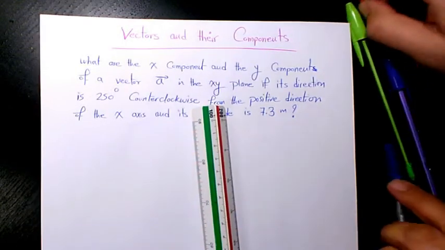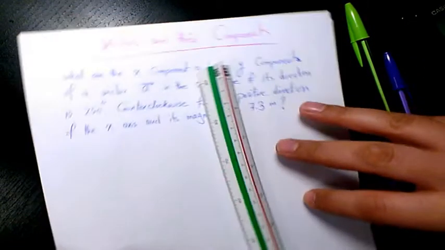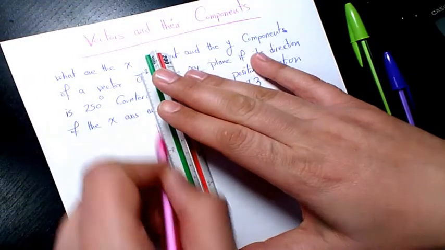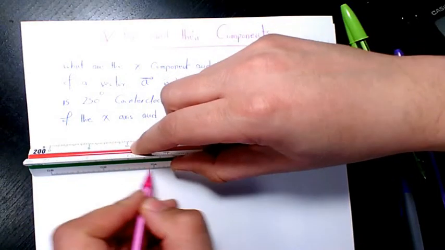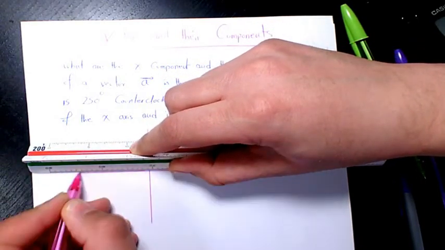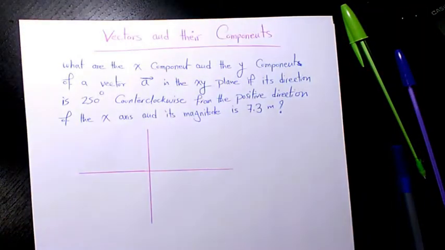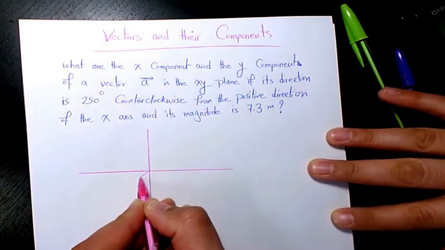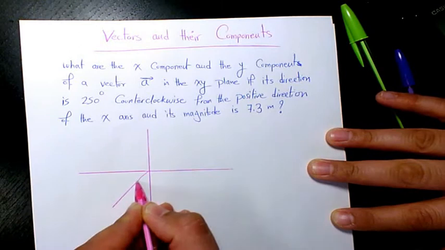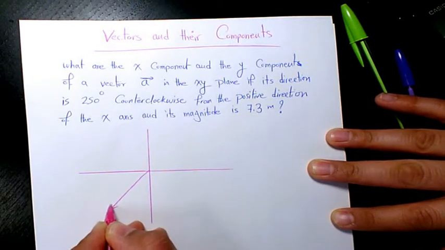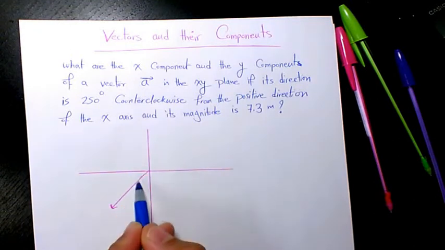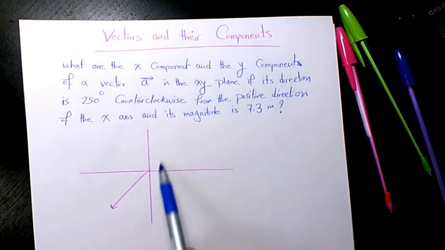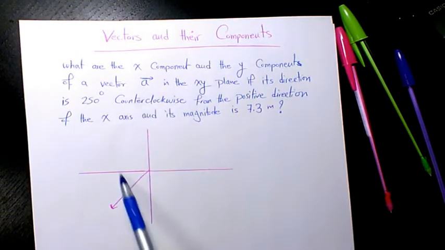So the first thing I need to do is graph it. It's going to be a graph like this, because this part is going to be 250 degrees counterclockwise, so it goes this way.